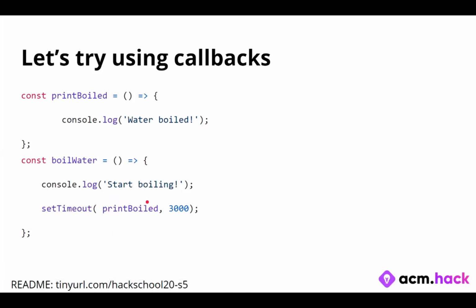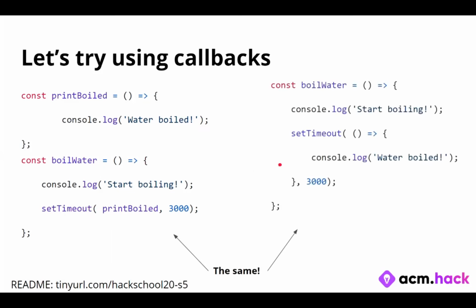Also note that this code on the left is the same as this code on the right. What's different is that we just defined our print boiled function inside the argument here. This is allowed, and it takes up less space.